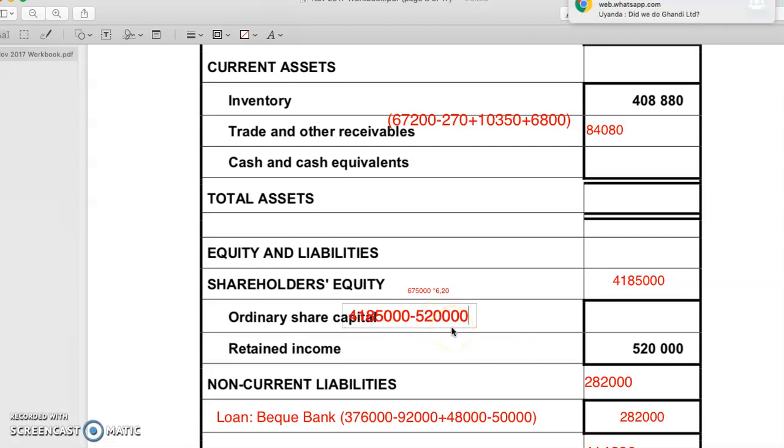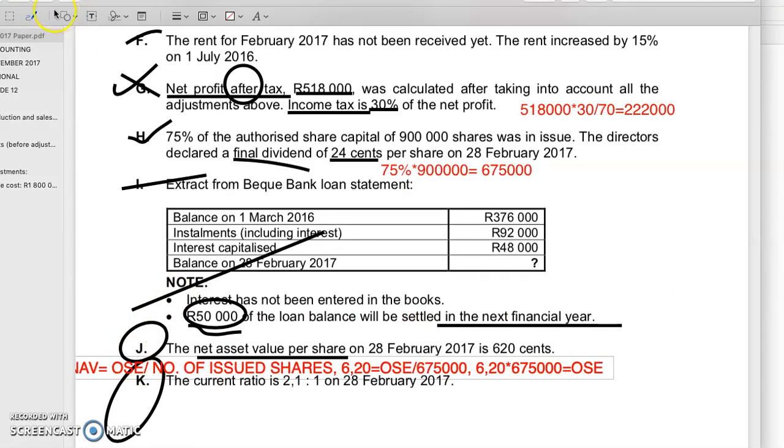And that's not 520,000. So we can now use the balance. We can now use that to balance, and we should get 3,665,000. Okay, so that's how I used my net asset value from J to calculate the shareholders' equity. So I hope you're all okay and still following.